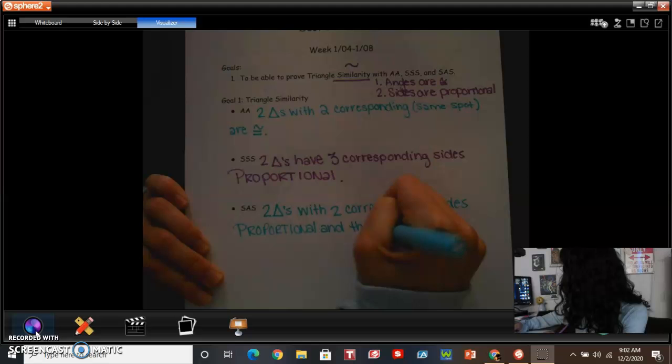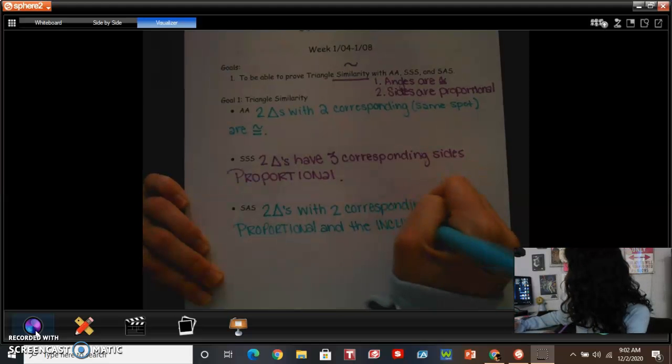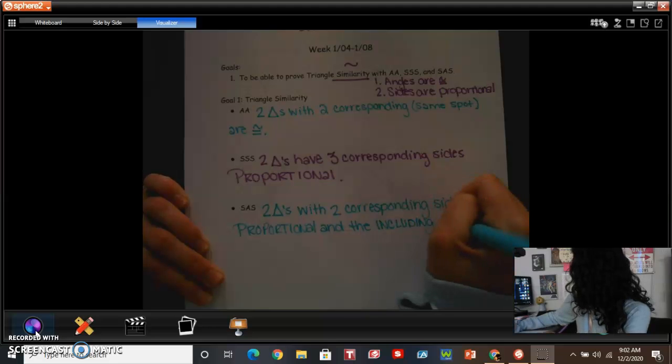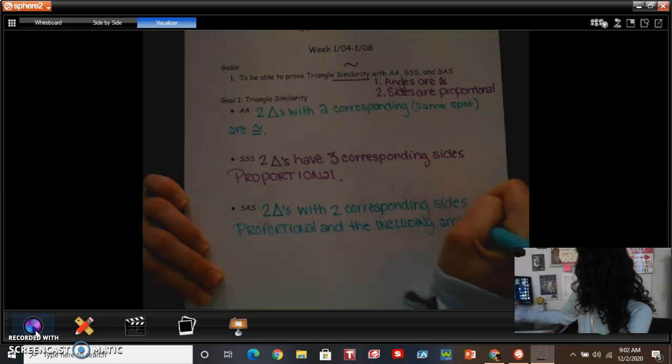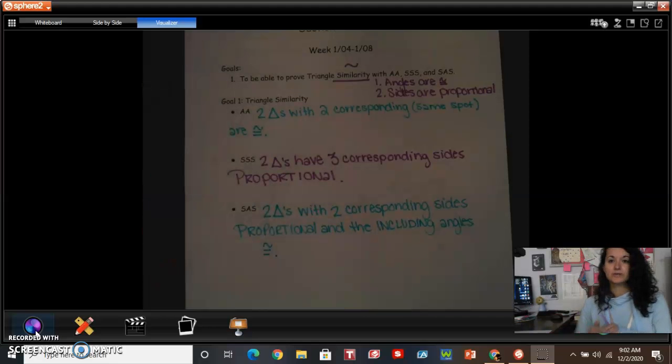Now remember, included means it's in between the two sides. I'm going to provide you with all kinds of examples, and all the examples you're going to see today in the notes are on the actual assignment on your Google form.